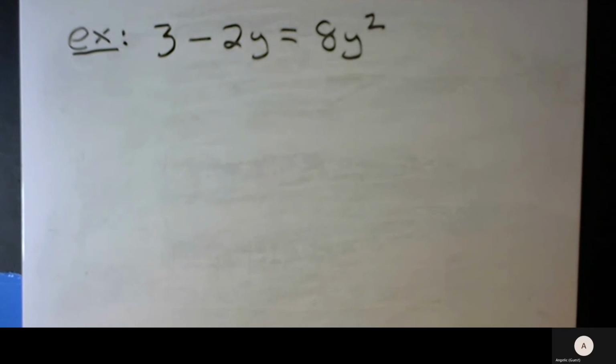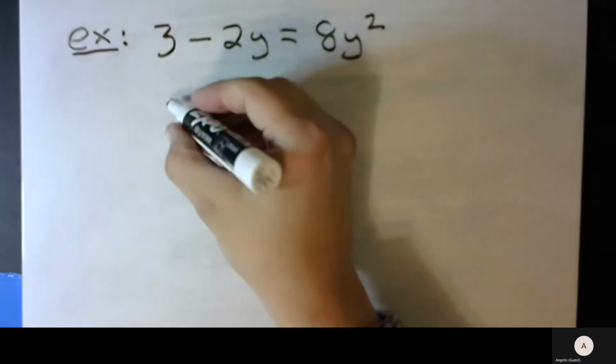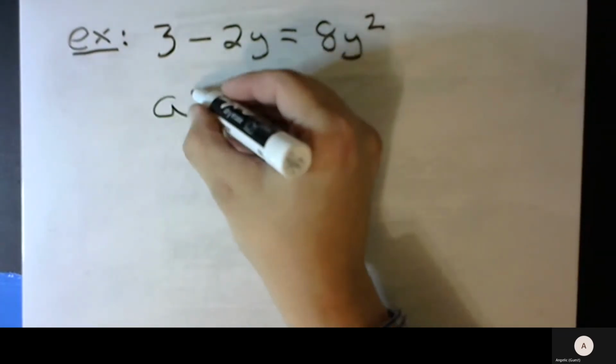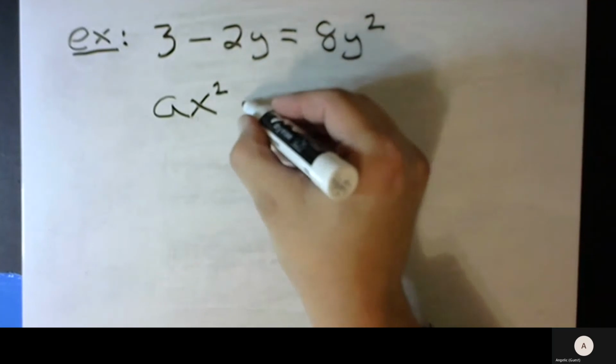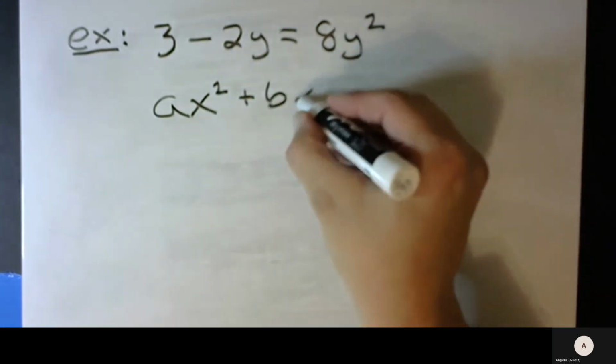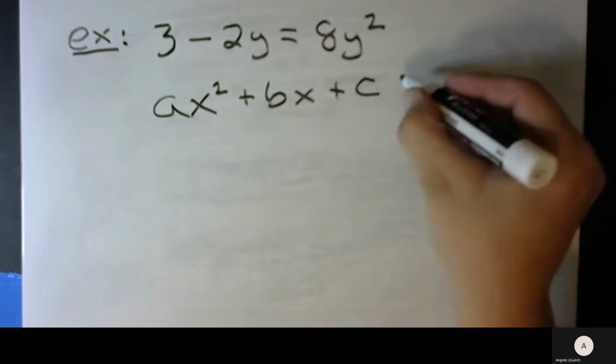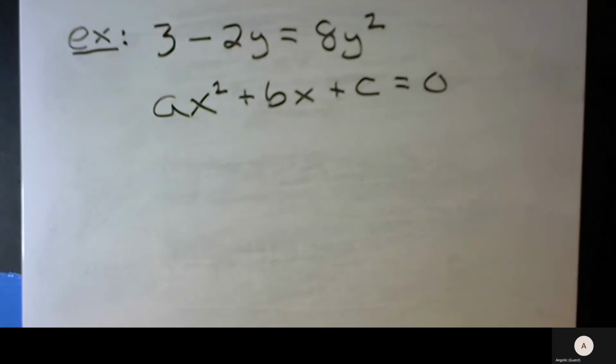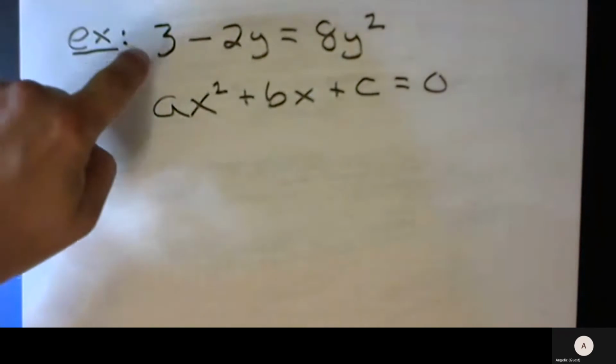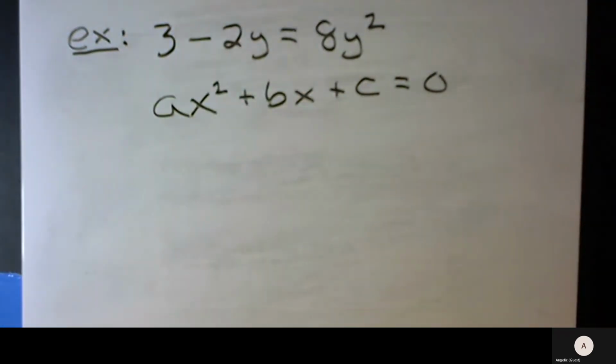So we want something in the form ax squared plus bx plus c equals 0. We want something like this. So what we want to do, let's move this 8y squared over to the other side.